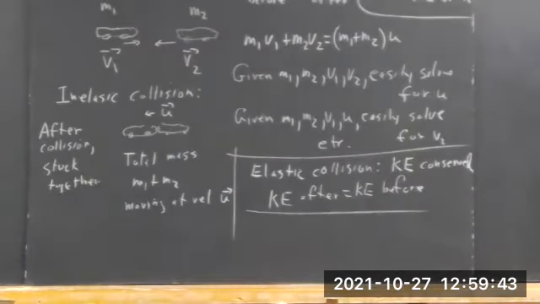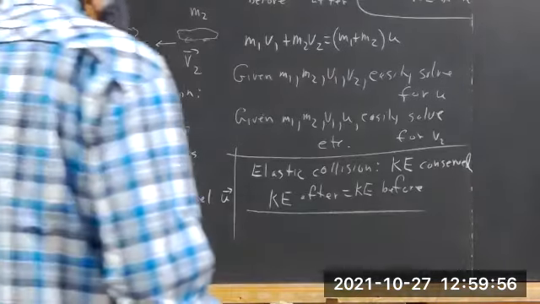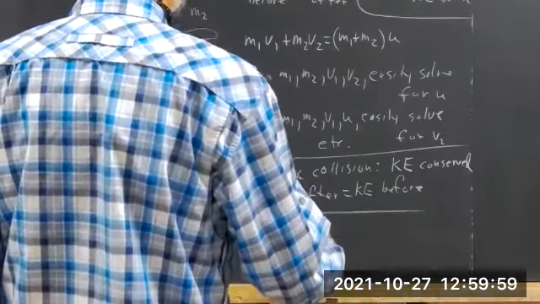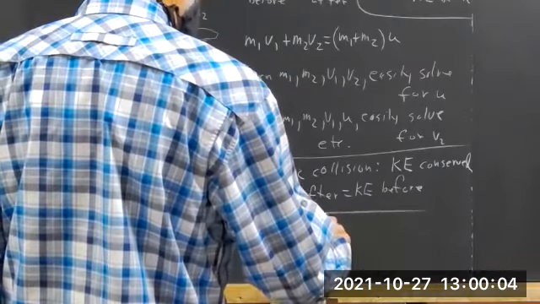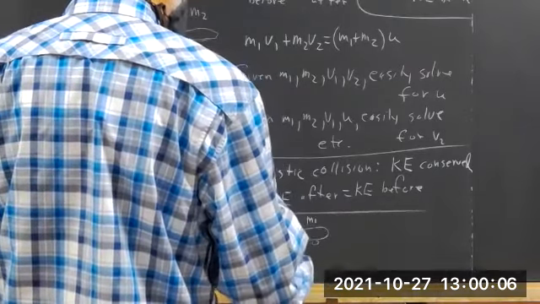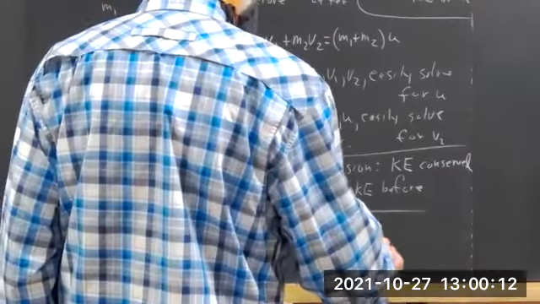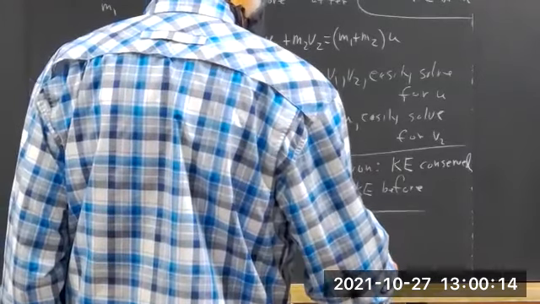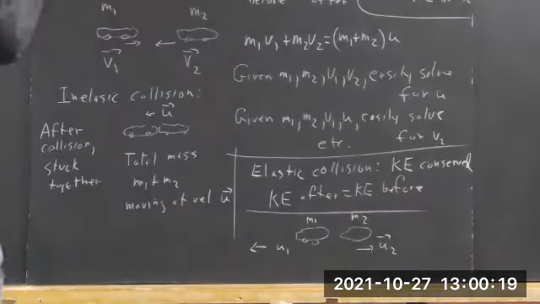Total kinetic energy after equals total kinetic energy before. So in this case, maybe typically have M1 with velocity in maybe this direction. M2 with velocity U2.